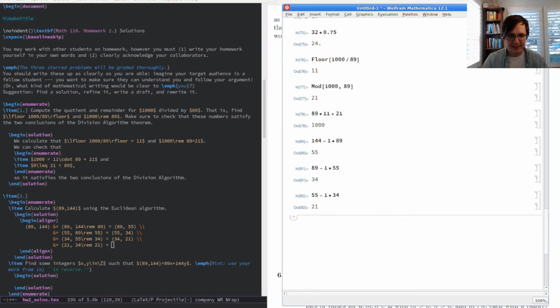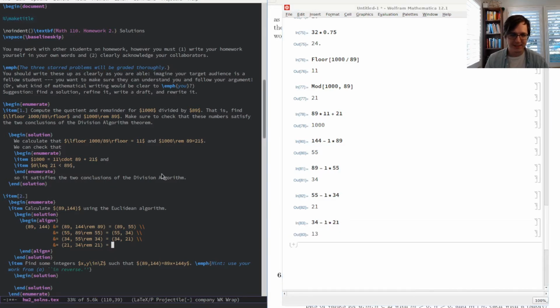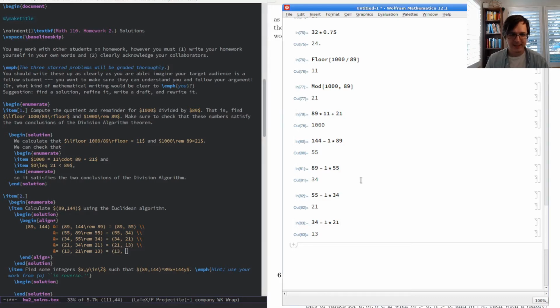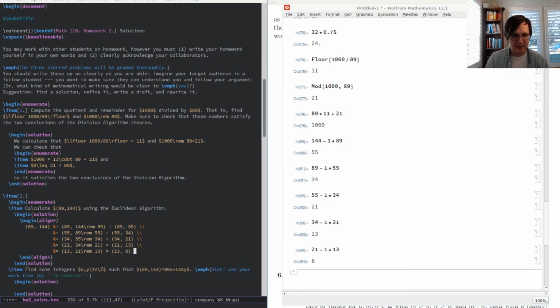So let's see, 34 minus 1 times 21 is 13. And then 13, 21, remainder 13 is equal to 13. And then we're going to again subtract 1 times 13 to get the remainder, which is 8. That's a good remainder.